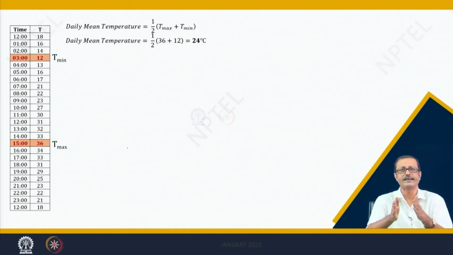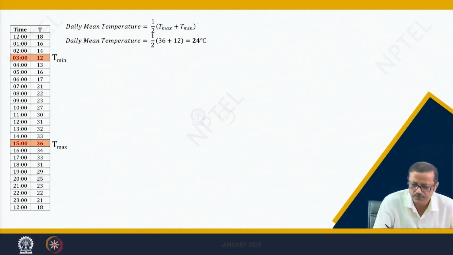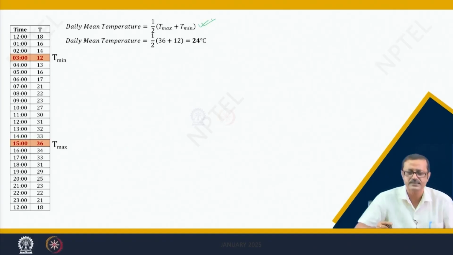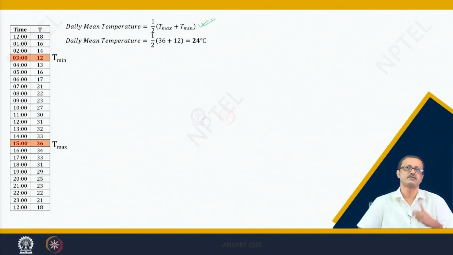So, I can find the daily mean temperature, which is half of T maximum plus T minimum, because for weather data it is easy to get T maximum and T minimum. Many websites and newspapers give you these, and for any city you can find T maximum and T minimum for a day or for a month.